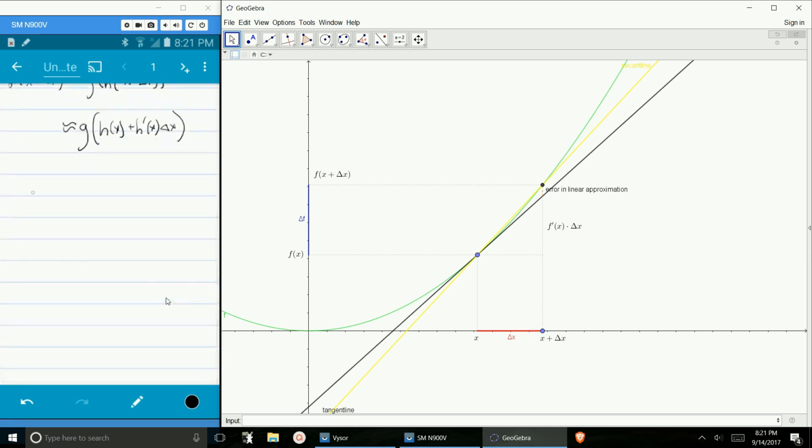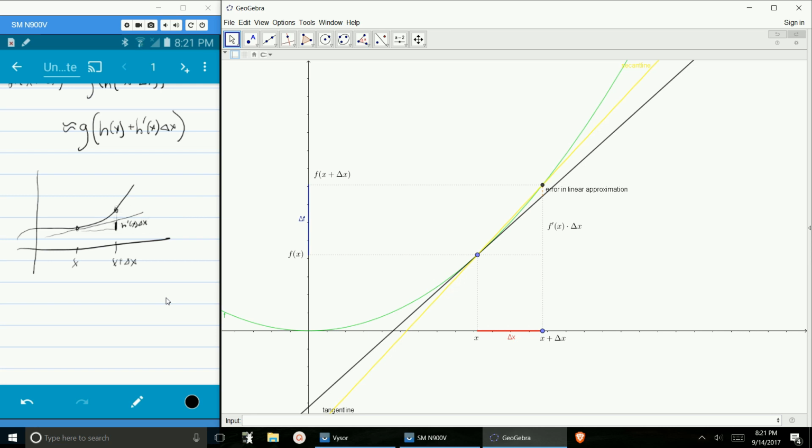That looks a heck of a lot like, if we have some other function, h or whatever, choose an x, and then x plus delta x, right? And then we have the tangent line there. So this value is h prime of x delta x.